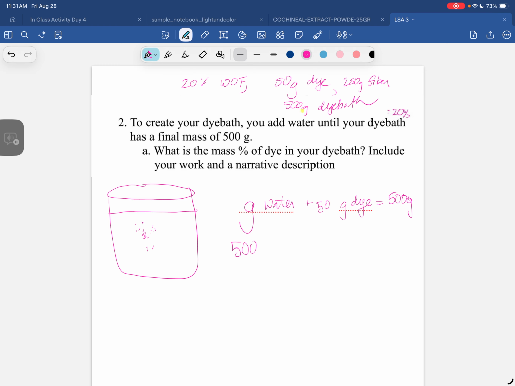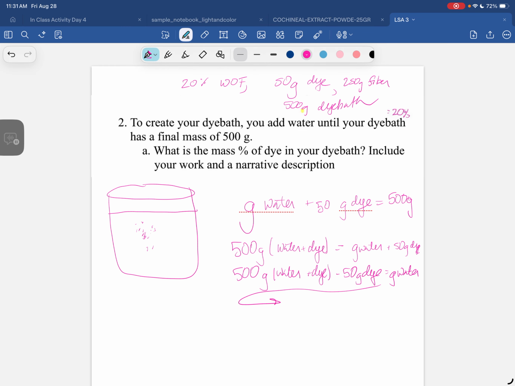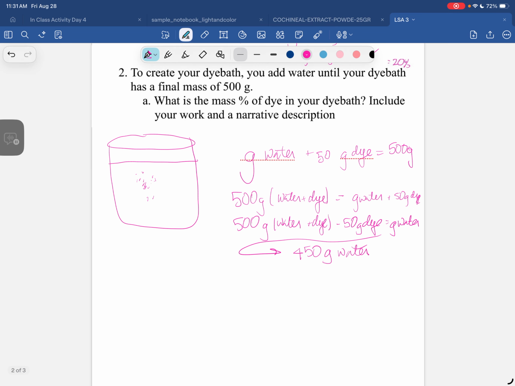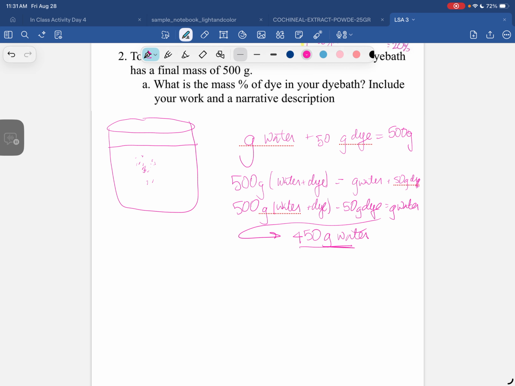So if I know 500 grams of water plus dye is equal to grams of water plus 50 grams of dye, I could subtract 50 grams from both sides, and I get 500 grams of water plus dye minus 50 grams of dye is equal to grams of water. So that means I am going to have 450 grams of water. Now we're going to file that one away because we're not going to use it quite yet.